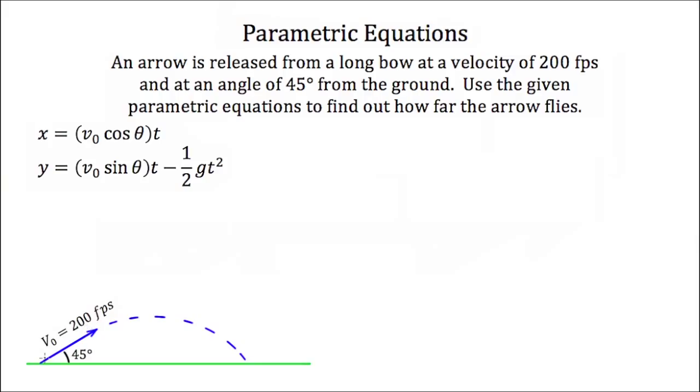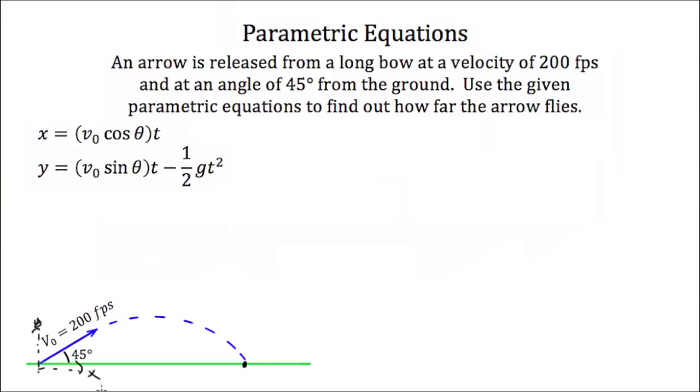Now if I tried to use an xy equation to mimic the flight of this arrow, then I would find it very difficult to find this x value, assuming that this here would be the origin of our y and x axis.